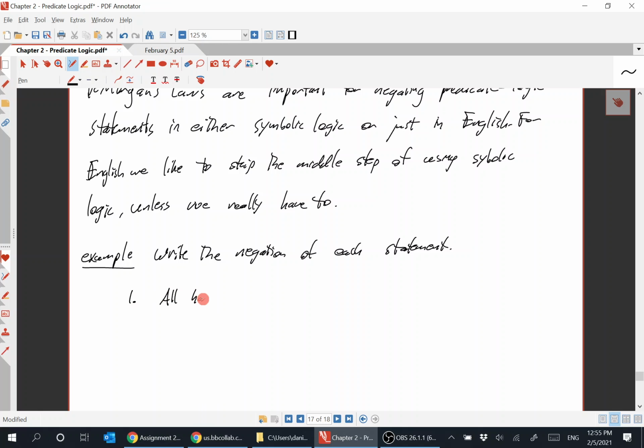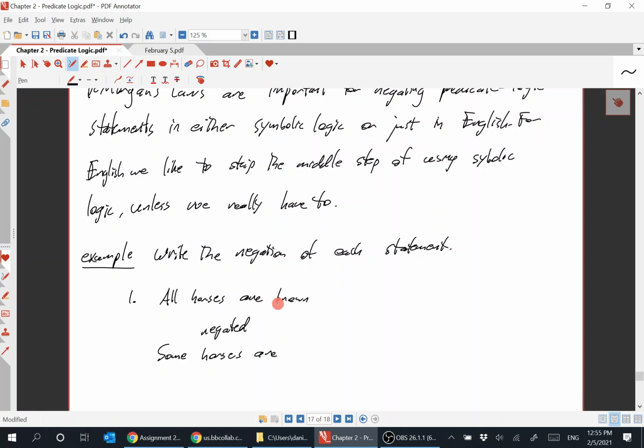All horses are brown, negated. Well, this is a straight application of De Morgan's, right? All horses are brown means some horses are what?